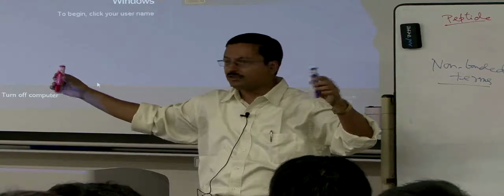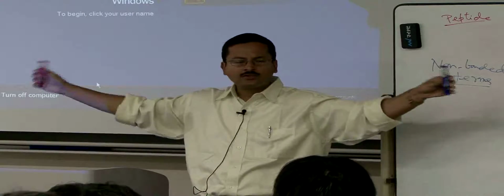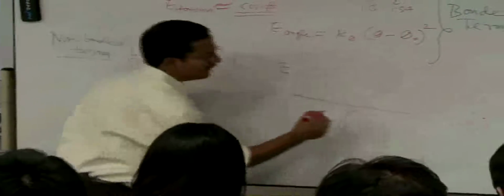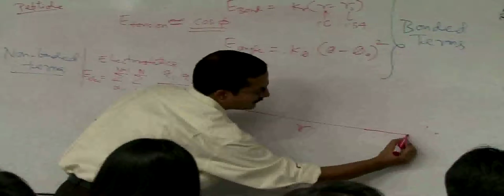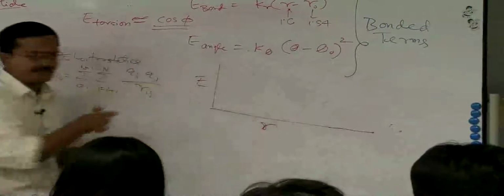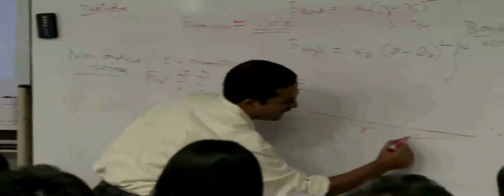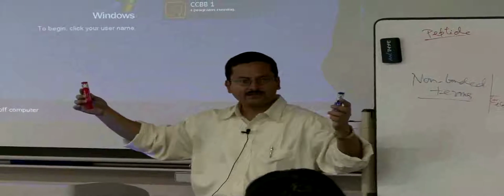That you have to think. They do not have any charges, and they are very far. If I plot it, this is energy and this is R. When they are very far, energy is 0, which means no interaction. Now, we are slowly bringing them close. Question is, will the energy change?